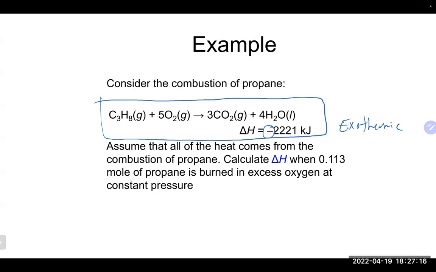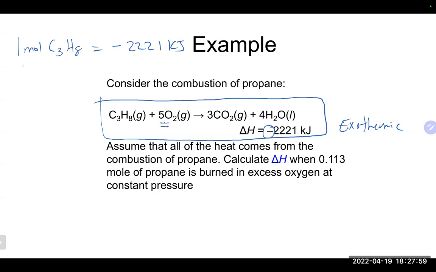We could apply a stoichiometry approach to energy. And if you remember stoichiometry, I hope so, it is a mole to mole relationship, right? And that's based on the coefficients that we see in the balanced equation. We could do that with the energy component if we have it in an equation. We could come up with several relationships here. For every 1 mole of propane that we toss into this equation, we get out minus 2221 kilojoules of energy, and we could use it as a conversion factor.